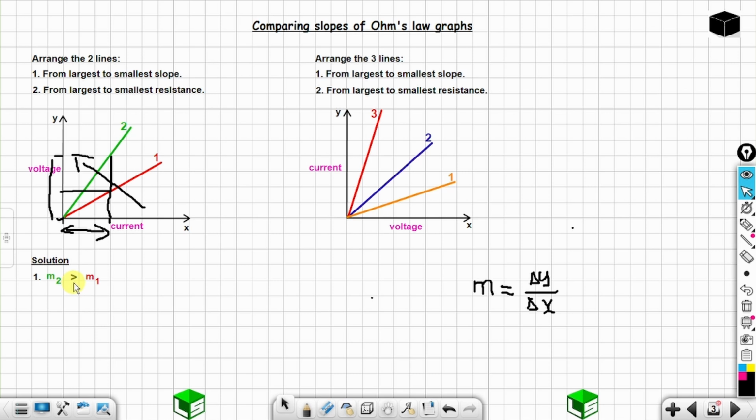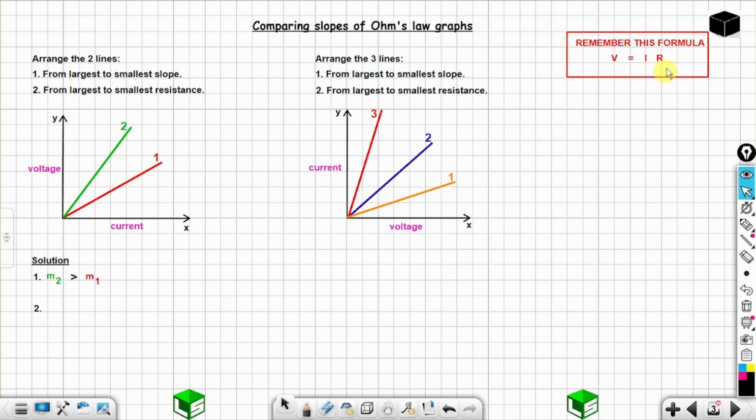Now number 2, let me erase everything. Arrange from largest to smallest resistance. You have to remember this formula. I've got a video in which I explain how to remember this formula.